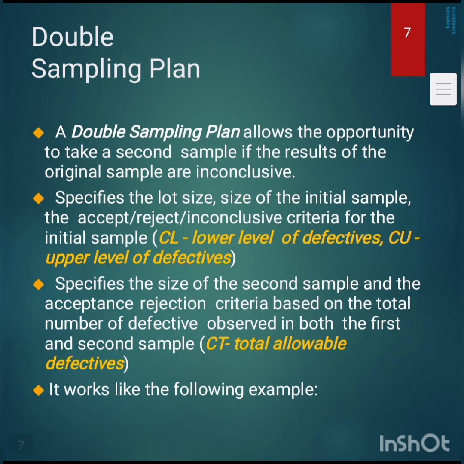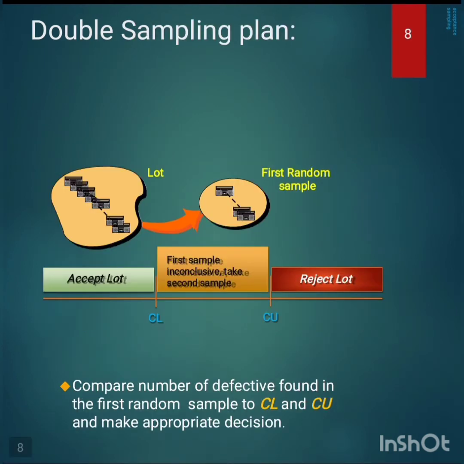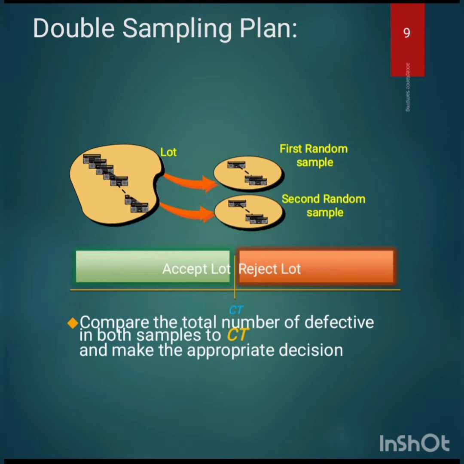Notable criteria like the lower level of defectives CL, the upper level of defectives CU, and the total allowable defectives of both sampling plans are considered. With the consideration of those criteria, acceptance or rejection of a lot is decided.